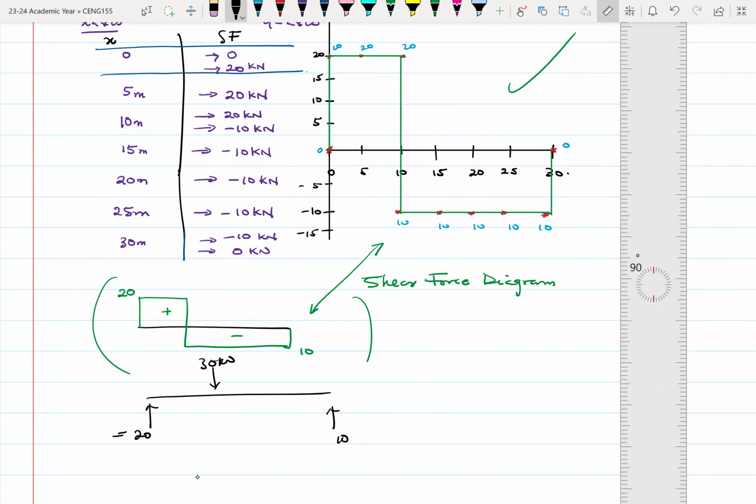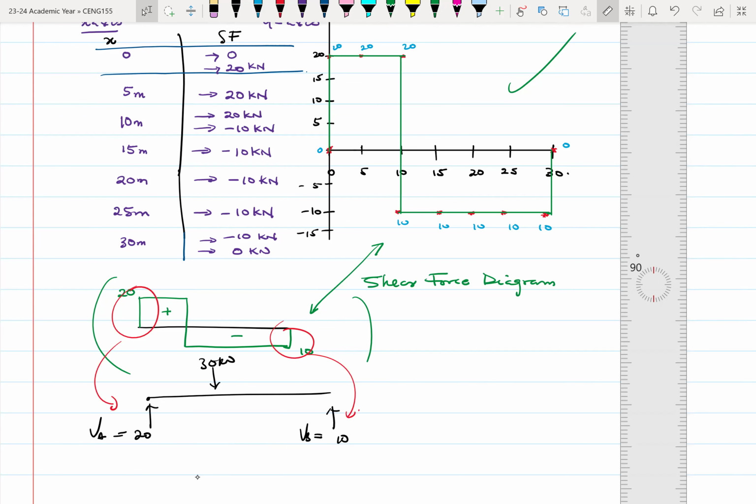Okay. So this was our VA, this is our VB. So the shear at the reaction jumps to what? VA, right? It is VA. So the shear over here is VA. The shear over here is VB, or a negative of VB.